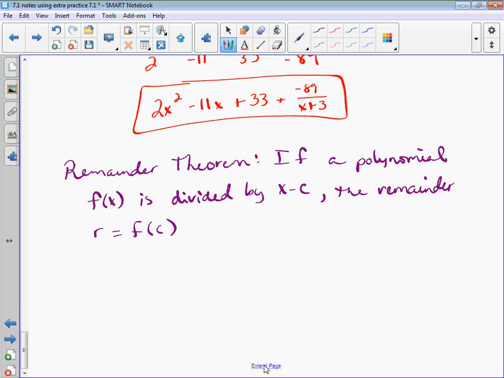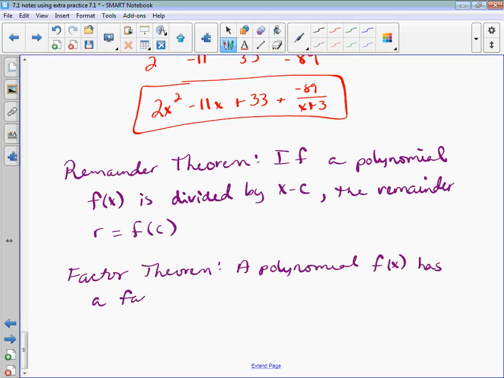All right, one other theorem for you here, the factor theorem, which is kind of what we just talked about. A polynomial f of x has a factor x minus c if and only if f of c equals 0.